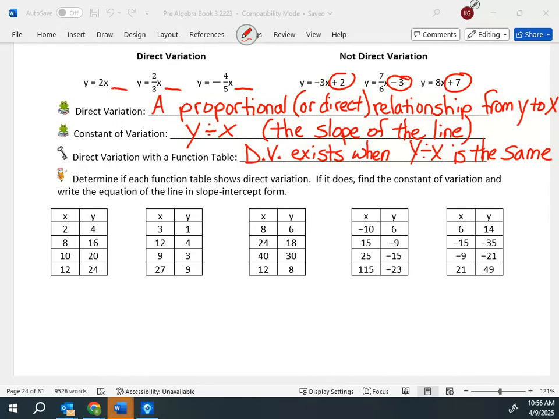So we're writing it out as y divided by x. You can also think of it as that fraction, y over x. That's the slope. Okay? So we're going to determine if each function table below shows a direct variation. If it does, find the constant of variation and write the equation of the line in slope-intercept form. So let's see how we do that.